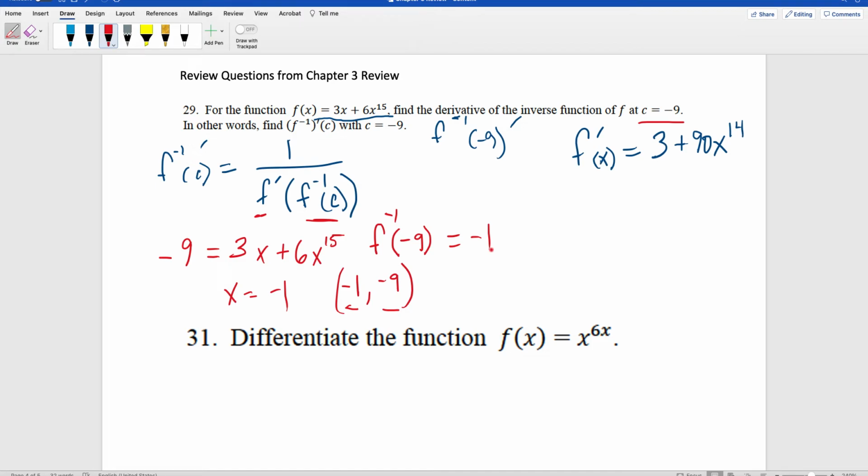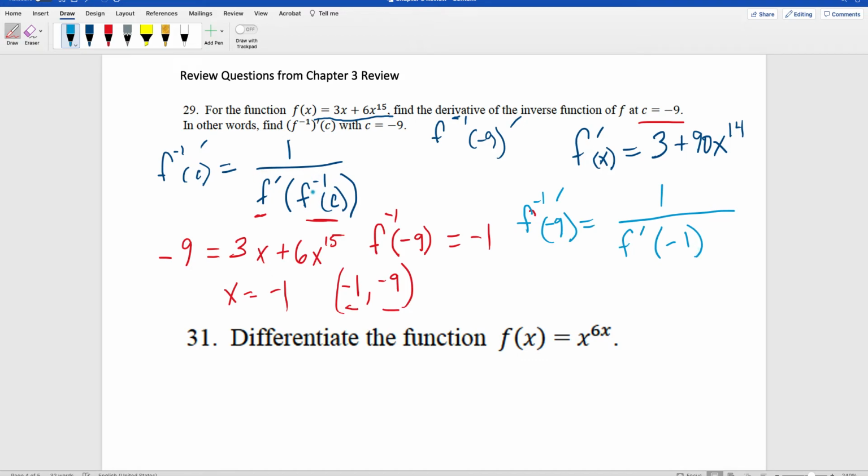And so where does this -1 go now, right? It goes in our function. Let's switch colors, let's go to lighter blue. So the derivative of the inverse at -9 is going to be equal to 1 over, well, we'll just write it: the derivative function at what value? -1, right?